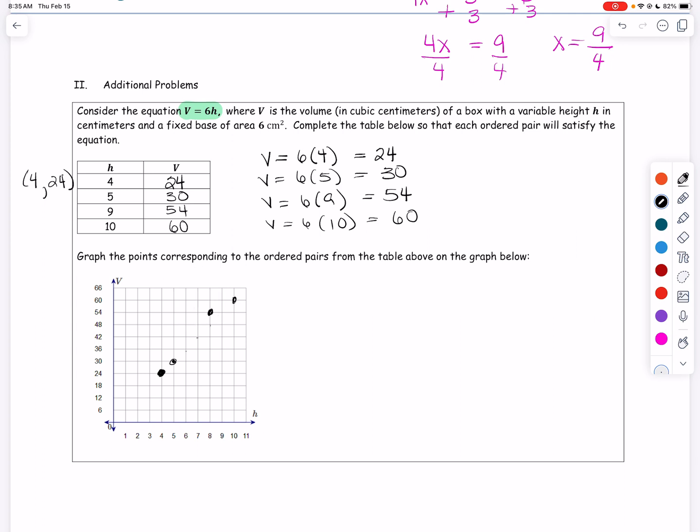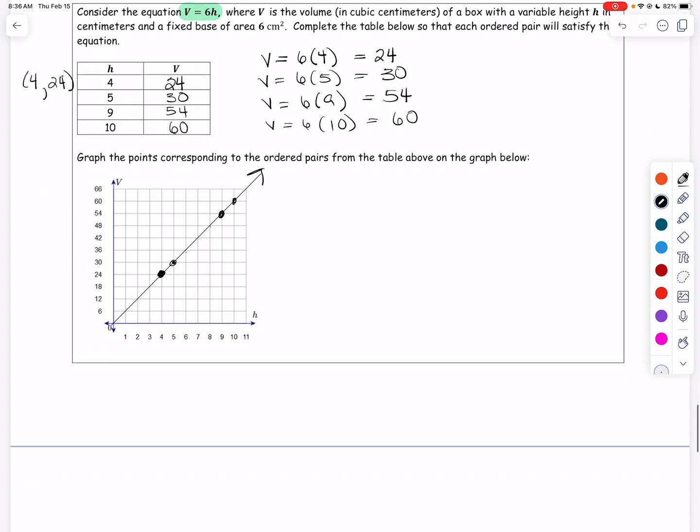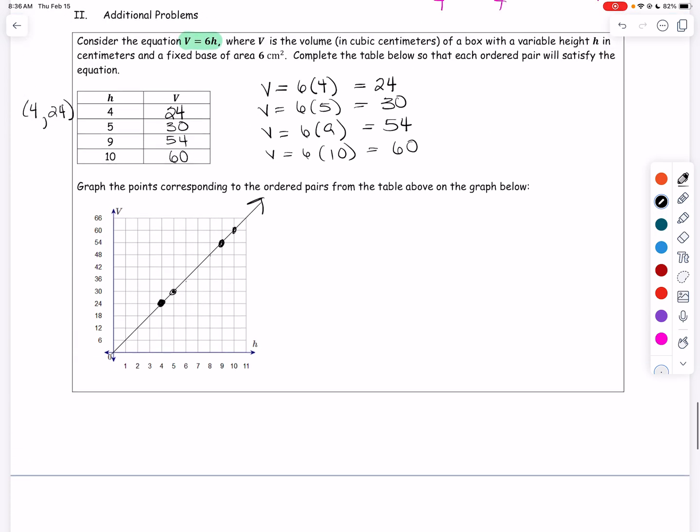Whoops, I plotted that on the wrong point. I was going to say it looks a little funny here. This point, I was at 8, so there we go. All right, so 9 should be here. All right, and then you would connect your line, and that's why we call it a linear equation. All right, so that finishes up 10.1 in the Hawks section.